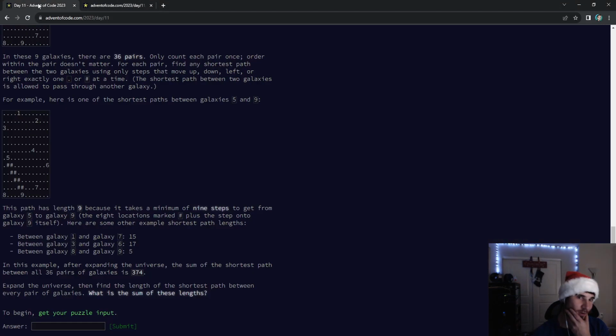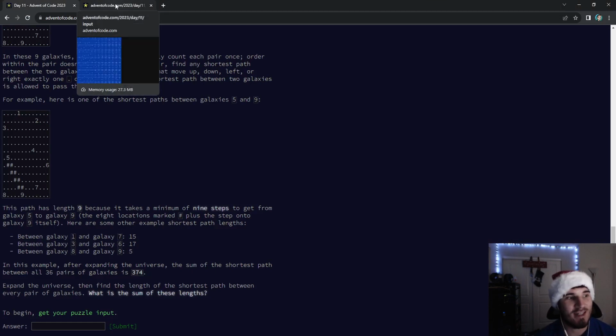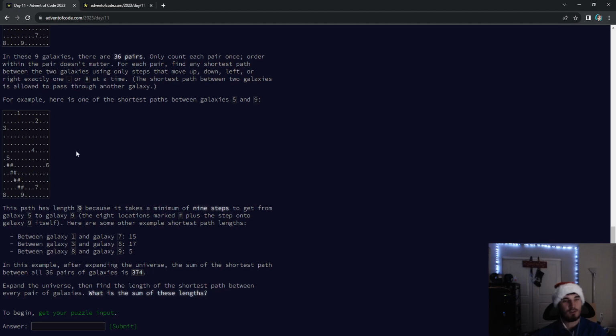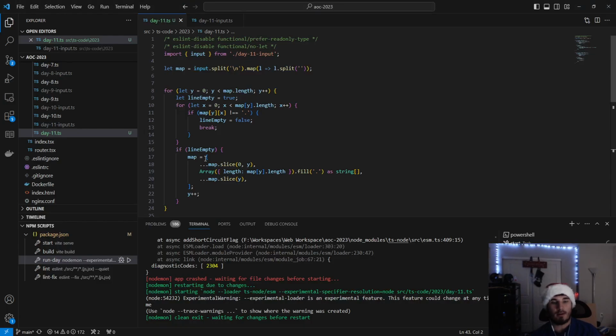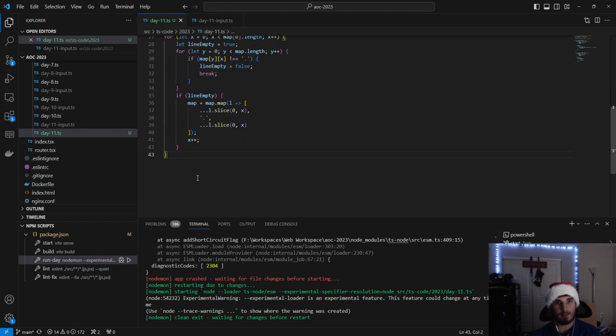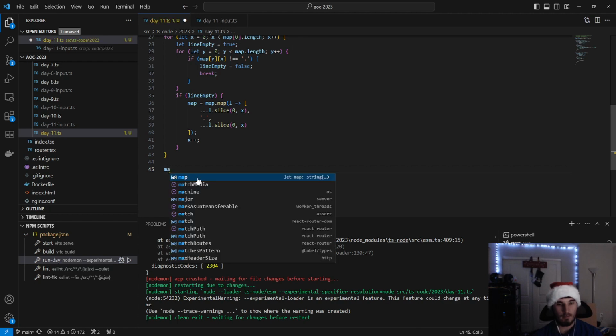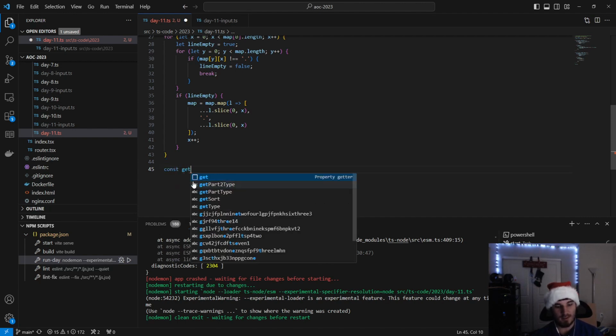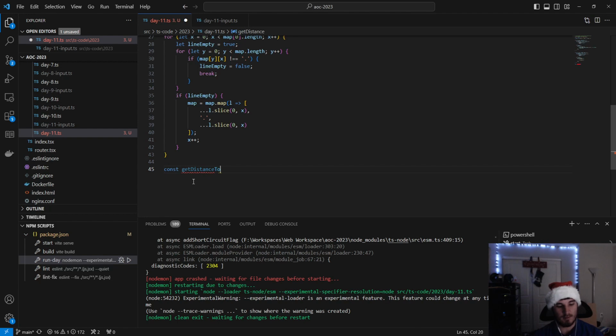So now we just got to go through and calculate the distance between every point. I believe it's just rise and run. Let's try it. Okay, and then now we're going to go map, const get distance to all.